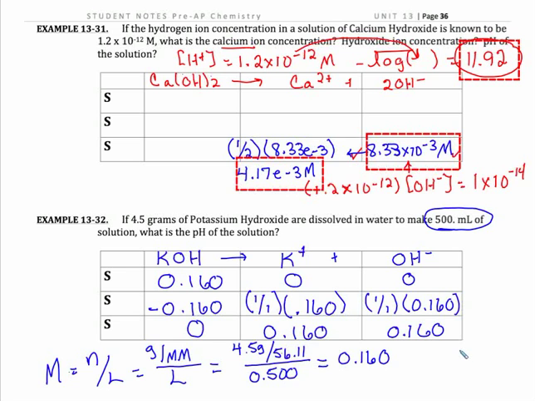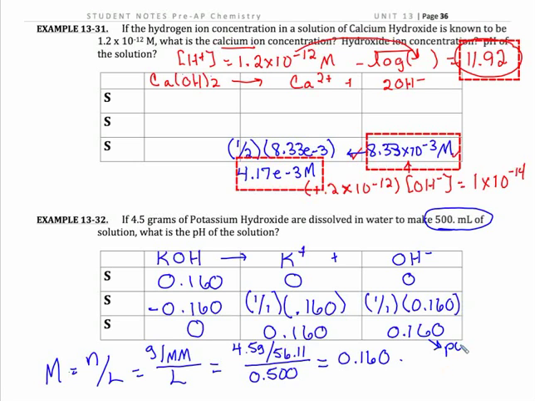So now I know my OH concentration. So if I know my OH concentration, this is asking me what my pH is. And I noticed I got distracted, okay, sorry about that. I never finished this problem.